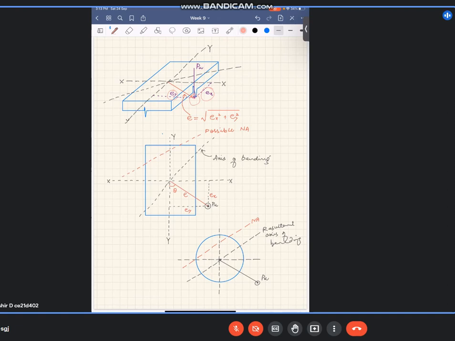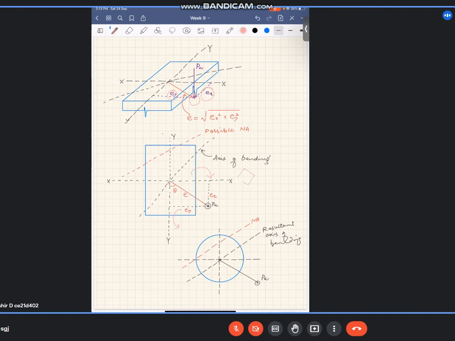After that, when the column is subjected to bending along two axes, for example, if the eccentricity is acting on the column in such a way that it makes the column bend like this and bend like this as well, you can say that it is a combination of the two modes.